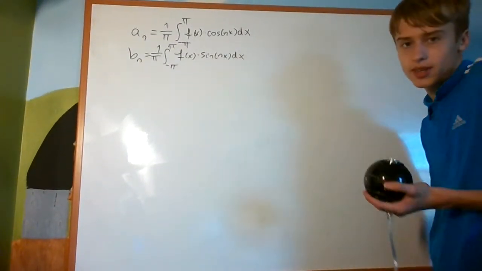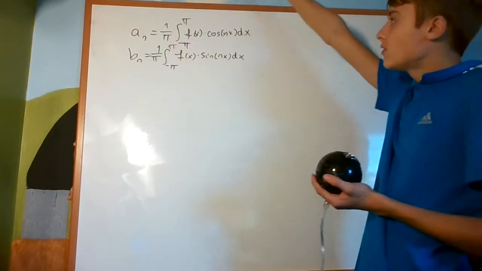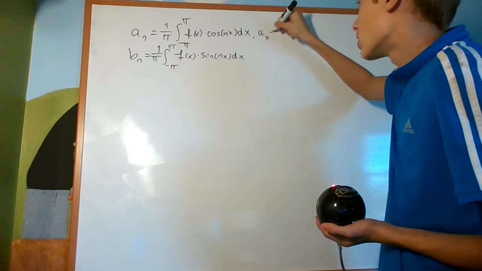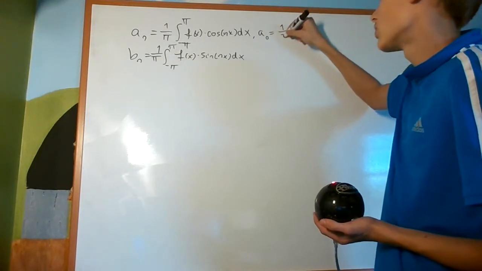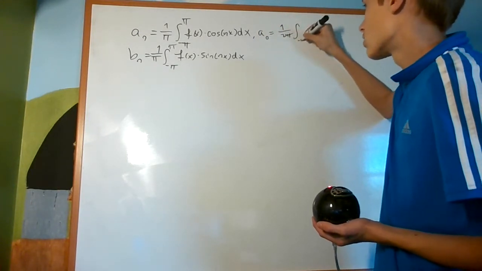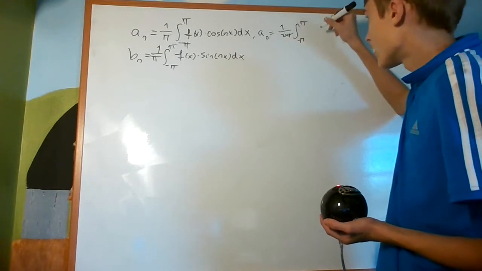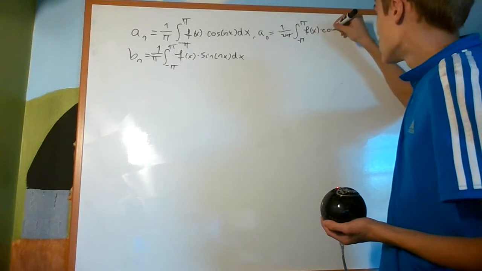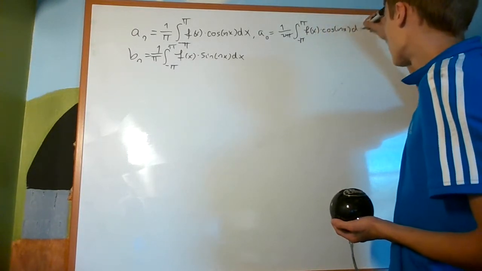So, we're given these two formulas, and there's another one, a0, which is actually 1 over 2 pi integral negative pi until pi of f of x dx.